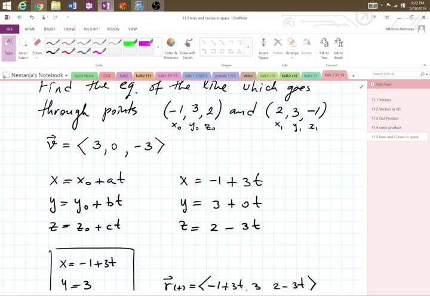So we have the equation of the line. We are done with the equation of the line. The only other thing that we can talk about is the equation of the line segment. Now, a line segment is a line that is finite. It's not infinitely long. Exactly.